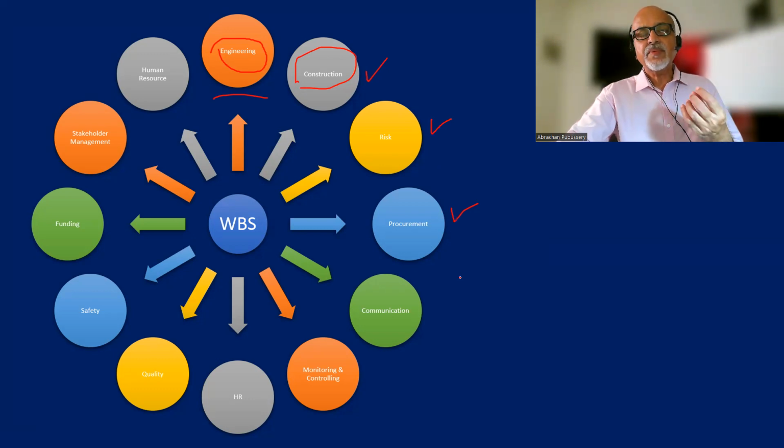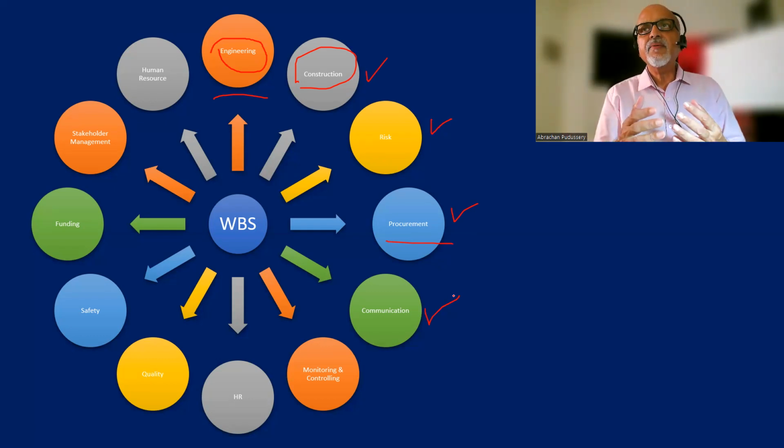Sometimes we have to prepare a request for information, request for proposals, request for quotations, then evaluation of the proposals, then finalizing the contract, then implementing the contract, really getting the material on time. So a lot of activities happen. Then communication. In order to build those components and integrate them, a lot of communication will happen.